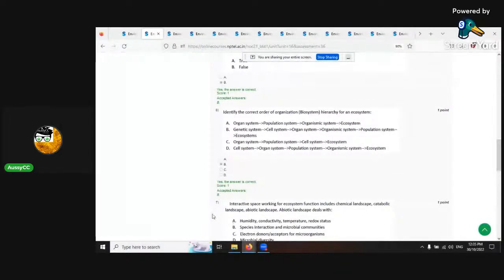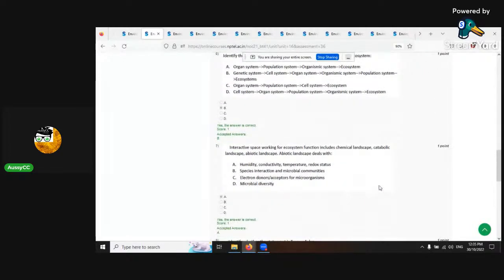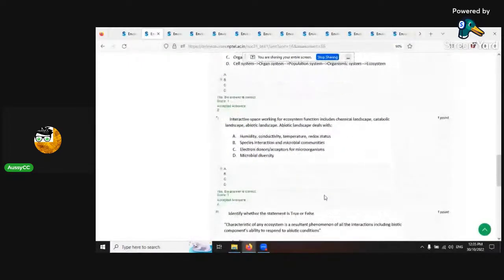Well, the abiotic is everything but the microbes, so it's A. Everything but life. A characteristic of an ecosystem is a result of all interactions, including the biotic components' ability to respond to abiotic conditions. Is it true or false? It's got to be true.